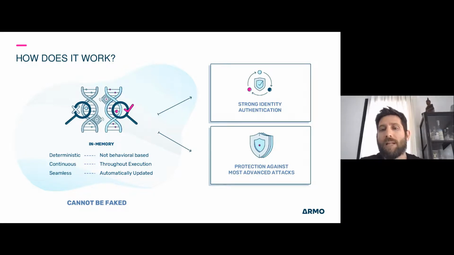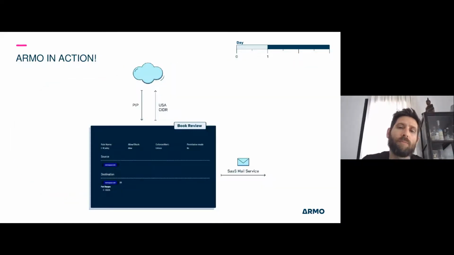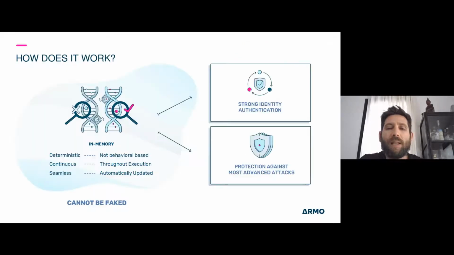And then in runtime, when the pod is running, we escort the pod and make sure that no one changes the integrity of this pod. This technique also enables us to create mutual TLS between different entities in your environment.